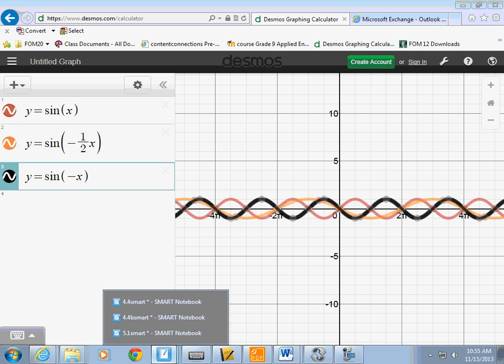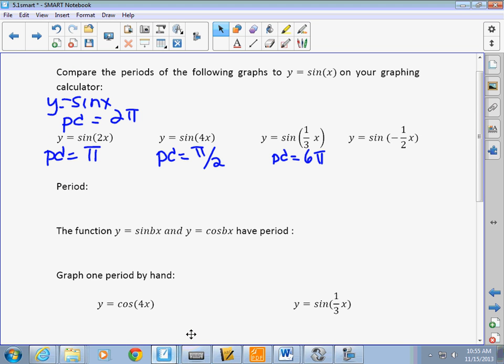Because it's a distance, it's still a positive value. It's still a distance of 4 pi. Okay. So my period, I wrote them in here. What's happened is that we call it that horizontal stretch factor.